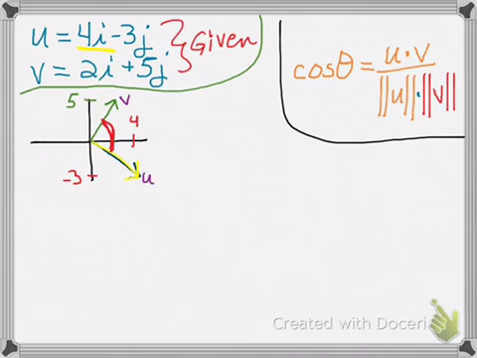Otherwise, this formula will not make any sense to you. The numerator here is called the dot product. It's a very simple mathematical thing. You just multiply the x coordinates plus multiply the y coordinates. I will show you that in a second. And then this is the magnitude of vector u, and this is the magnitude of vector v. You're going to multiply those together.